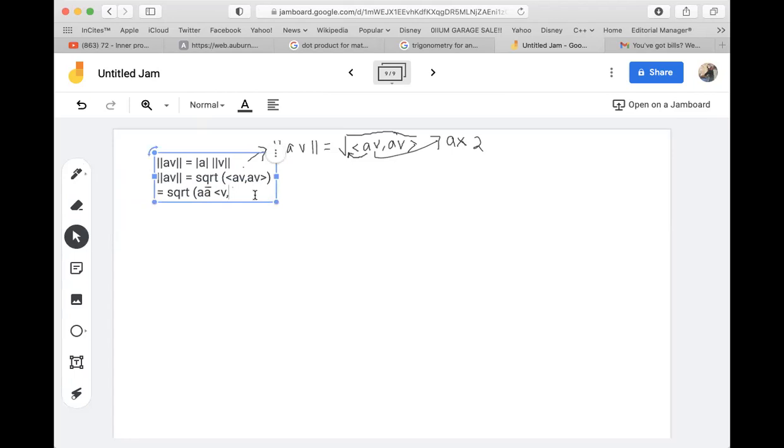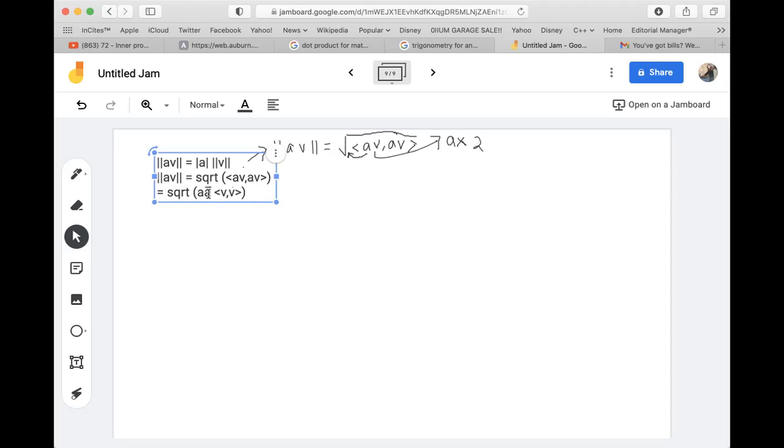Again, it will be left with V for the second component. So you will get the square root of A multiplied by bar A, multiplied again with the inner product of VV.